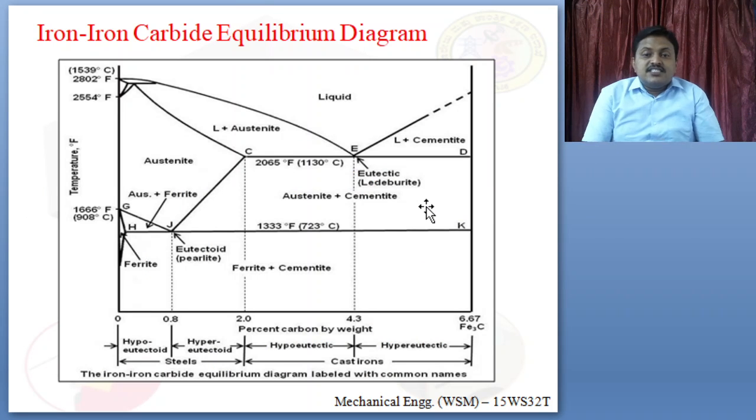Next, very important, is the iron carbon equilibrium diagram. What is this iron carbon equilibrium diagram? It shows the percentage of carbon in iron. How much percentage of carbon is there in iron will be easily visible in this particular equilibrium diagram.